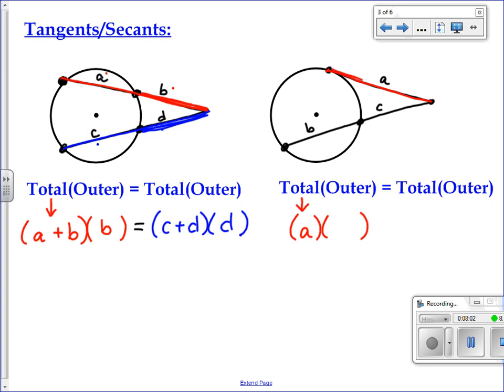Well, the outside part of this tangent is also A. So anytime you are working with tangents, the total length of the tangent is going to equal the outer length of the tangent. Now we're just going to take a look at the secant. The total length of the secant is going to be B plus C, and the outer length of that secant is going to be C.